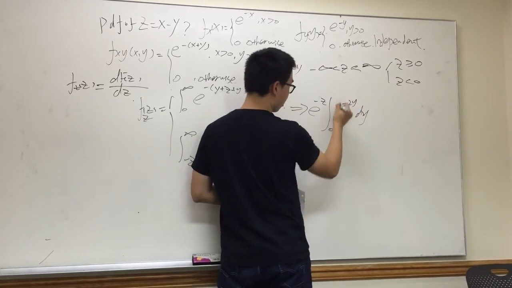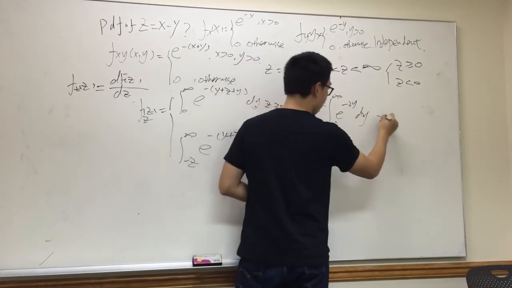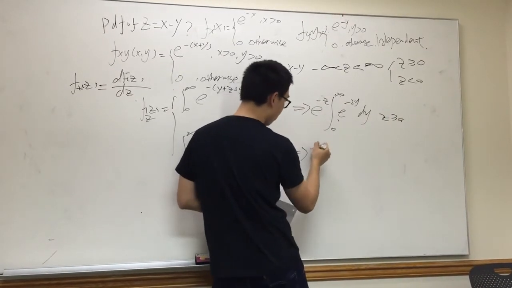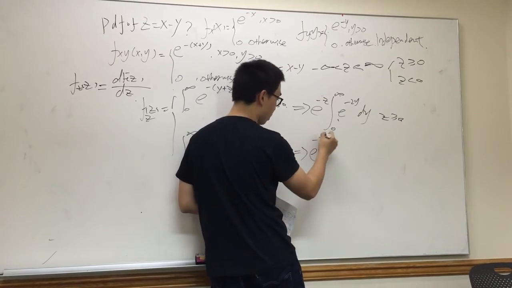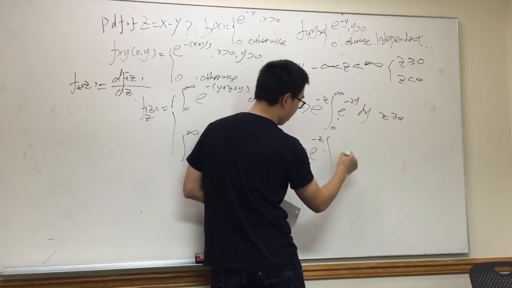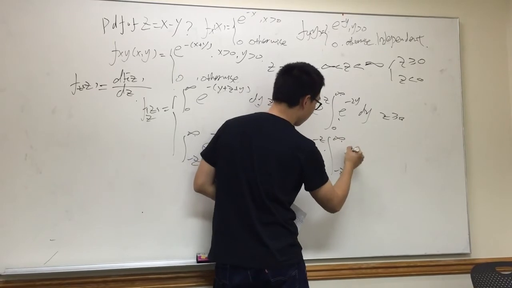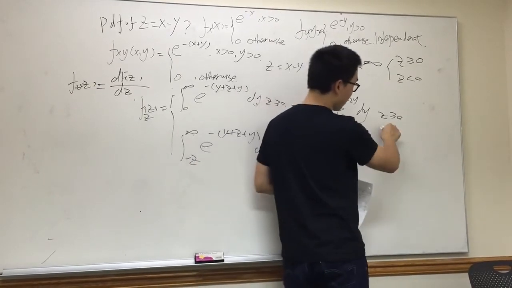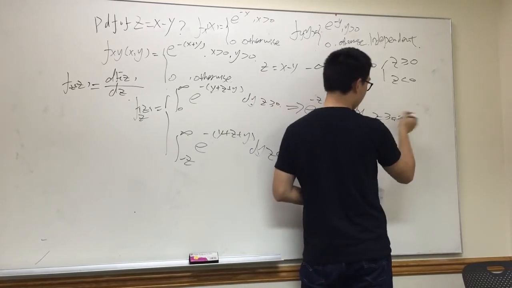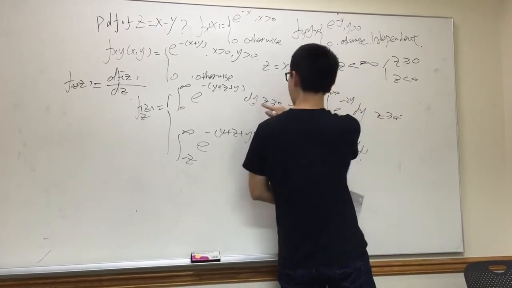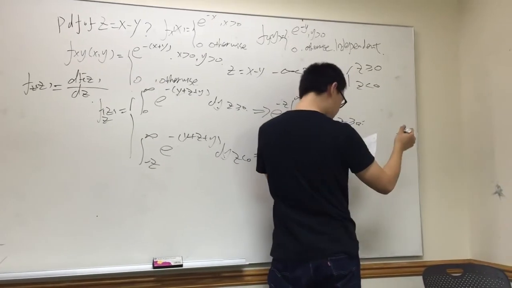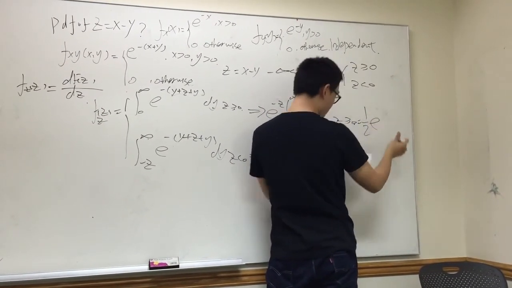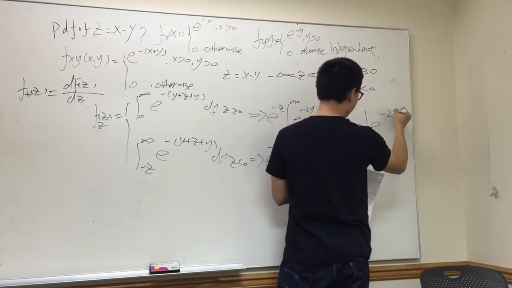The limits are from 0 to infinity when z is greater than 0, and also when z is less than 0, we also extract e to the minus z, times the integral from minus z to infinity of e to the minus 2y dy. After my calculation, I found that when z is greater than 0, f_Z(z) will be half of e to the minus z.